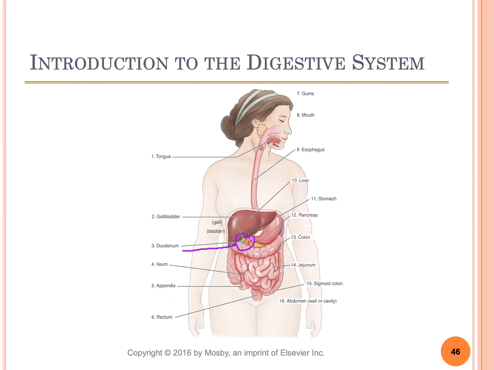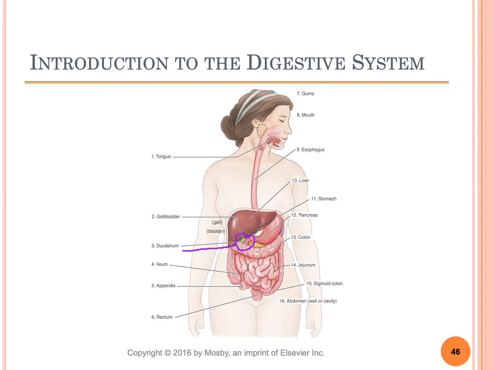One of my students in the past remembered the segments by saying DJ ileum. I heard he played some good toots. I don't know. So the food leaves the stomach, enters the duodenum, and from the duodenum, it goes into the next part of the intestine called the jejunum, and then into the ileum.